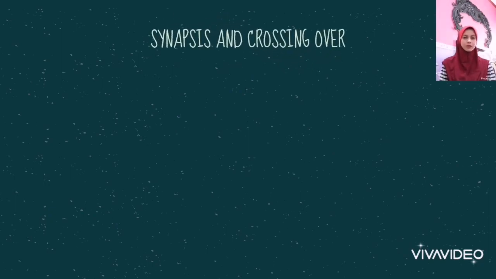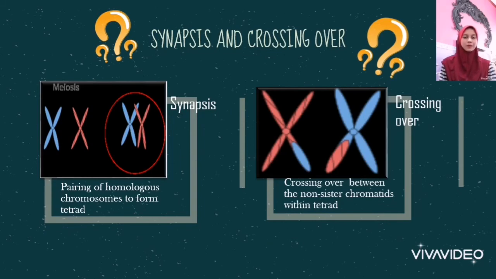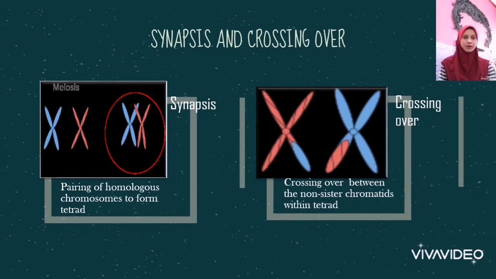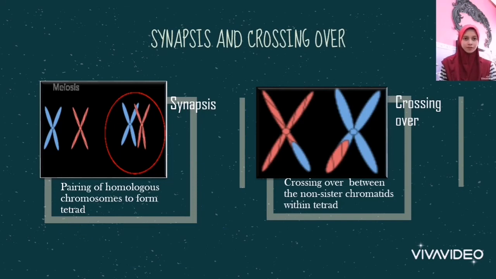Lastly, what is the role of synapsis and crossing over? Synapsis is the pairing of two homologous chromosomes that occurs during meiosis to form a tetrad. Sex chromosomes undergo synapsis. However, the synaptonemal protein complex that holds the homologous chromosomes together is only present at one end of each sex chromosome.